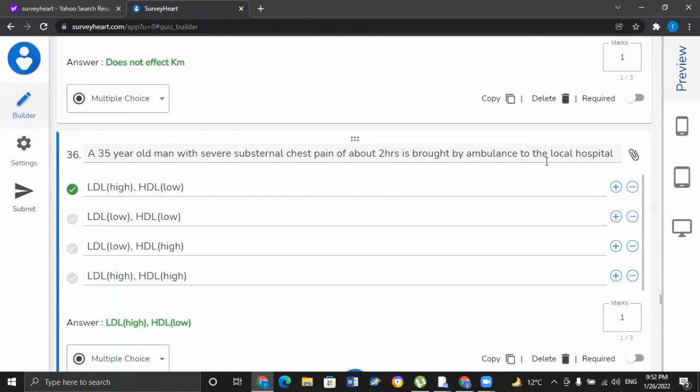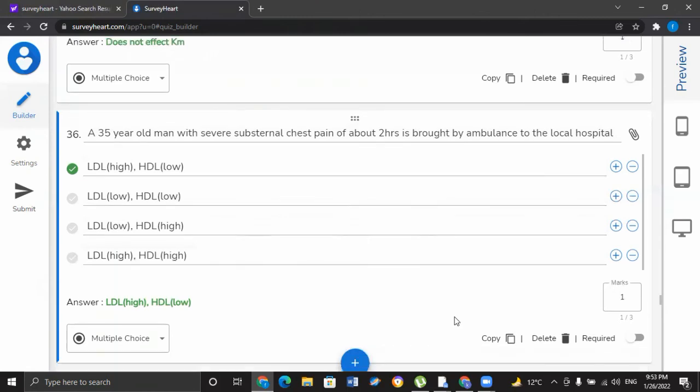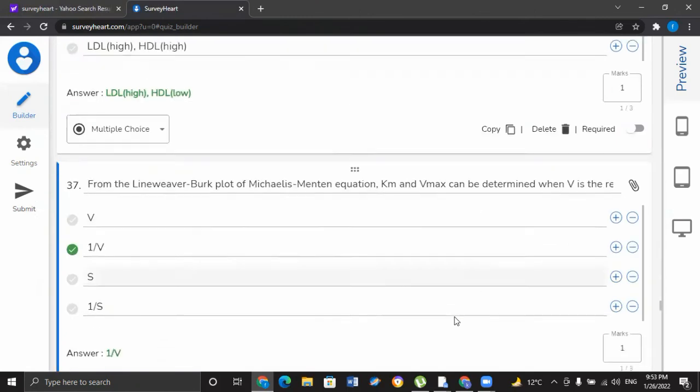The more HDL, the less likely a patient is to have cardiac infarction or heart disease. So the patient should have a high concentration of LDL while a low concentration of HDL is present in the blood. So the correct option for MCQ 36 is A. LDL high होगा उसका और HDL low होगा.